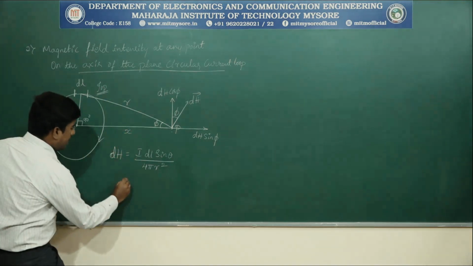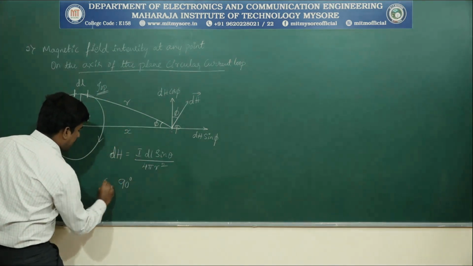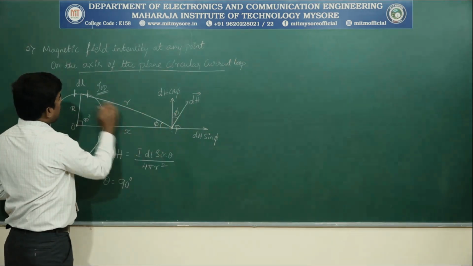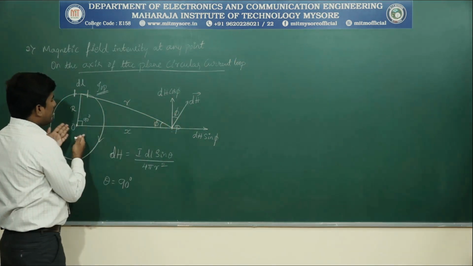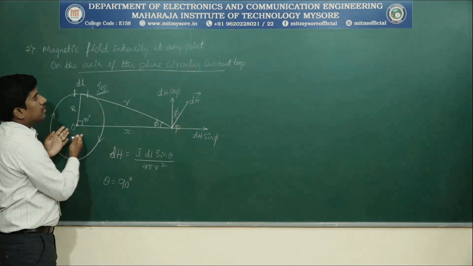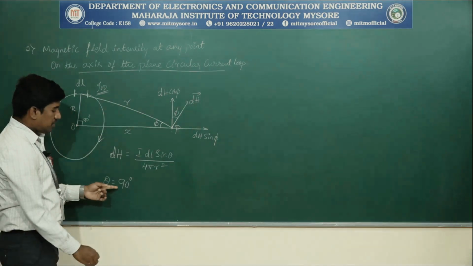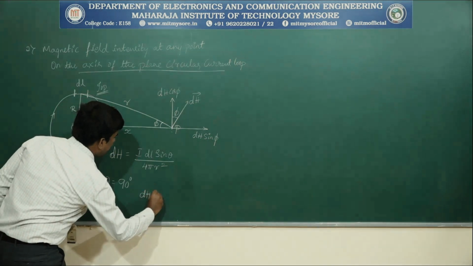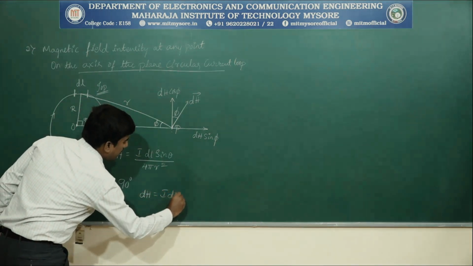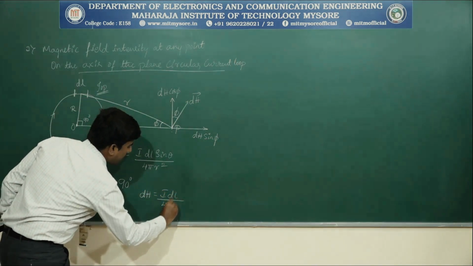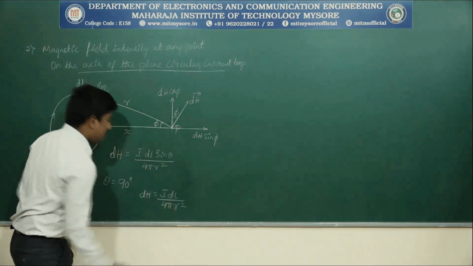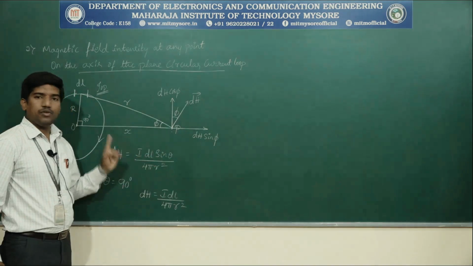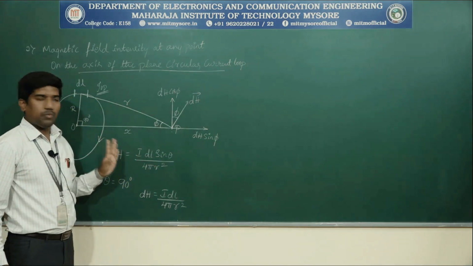Theta is 90 degree, because this dH component is perpendicular to the plane of this circular current loop, hence theta is equal to 90 degree. Then dH is equal to I into dl divided by 4 pi r square, since sin theta value is 1.